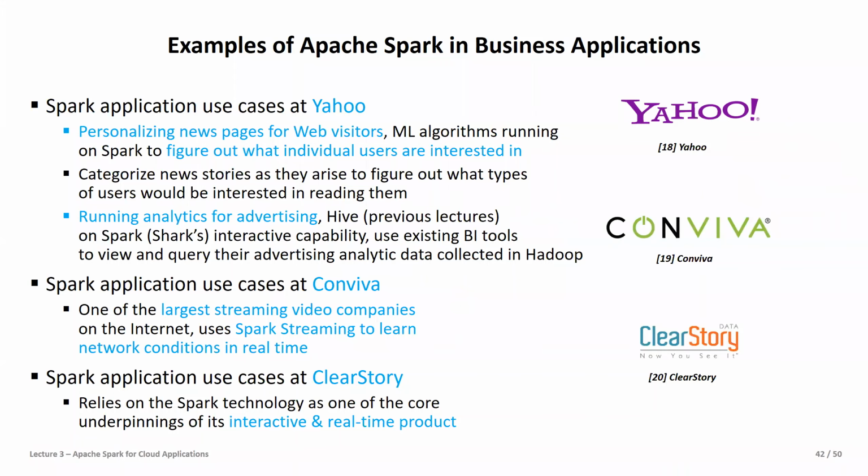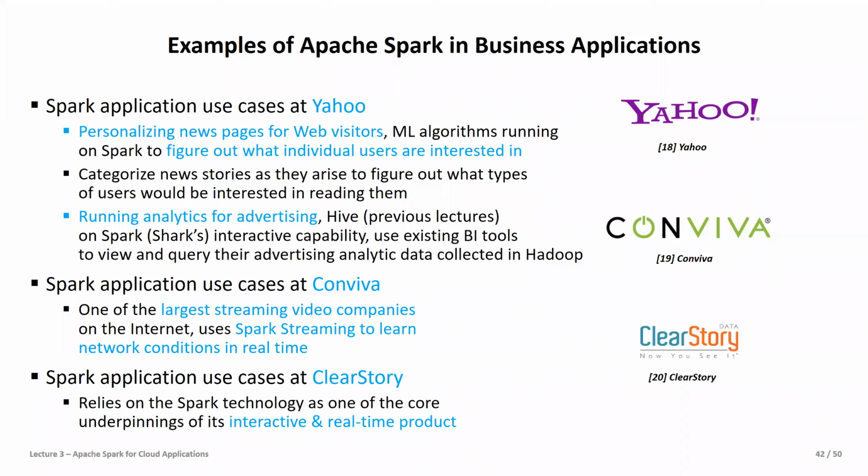Just towards the end of the lecture, let me give some pointers to who is using Apache Spark for different elements, for example advertising, a huge market we will come back to in one of the lectures with AdSense and other Google aspects. We have applications at Conviva, which is a streaming video company, and others using it also for video streaming, where Spark Streaming is used to learn how to optimize the network in real time.